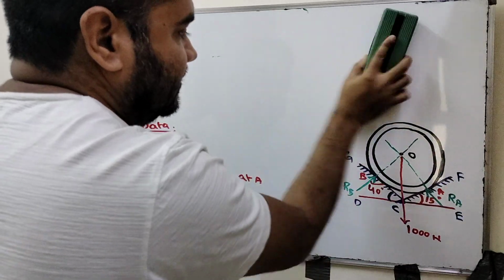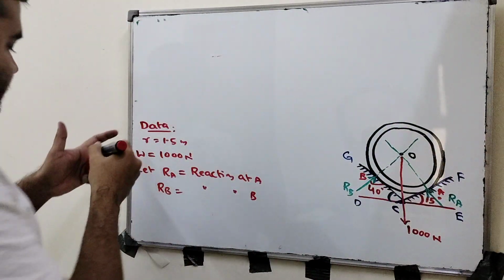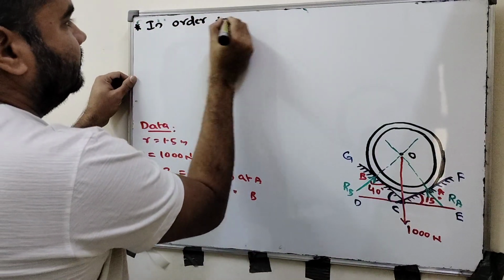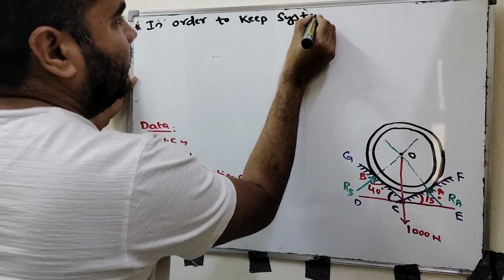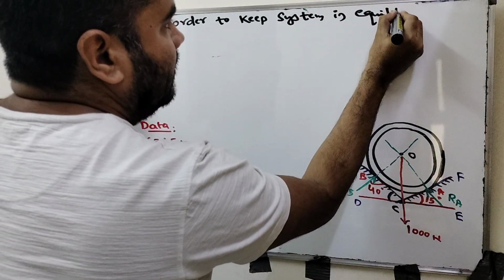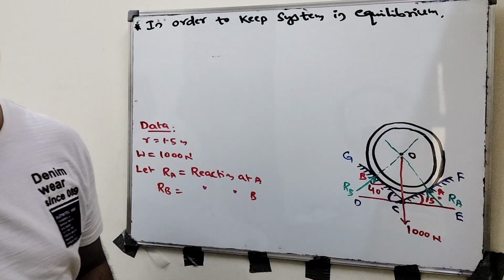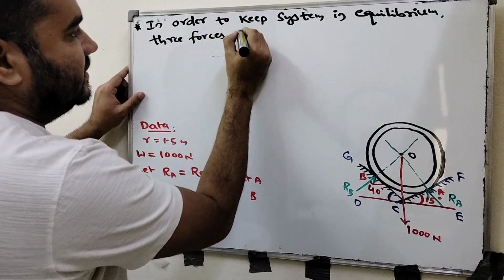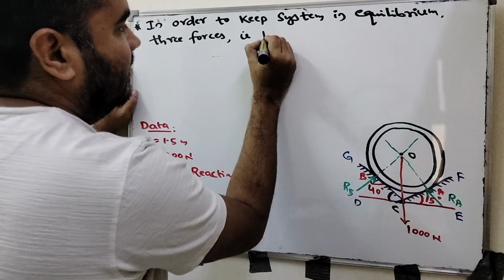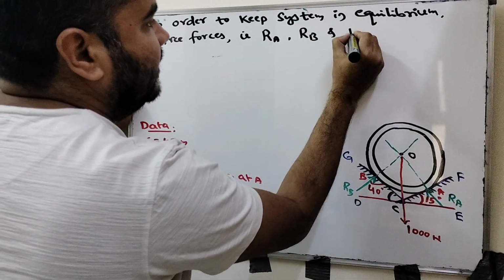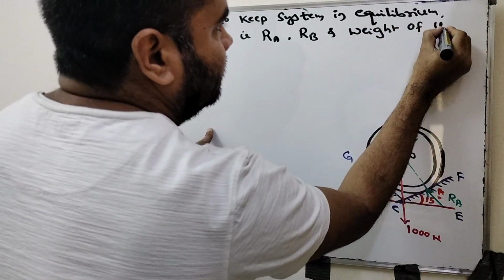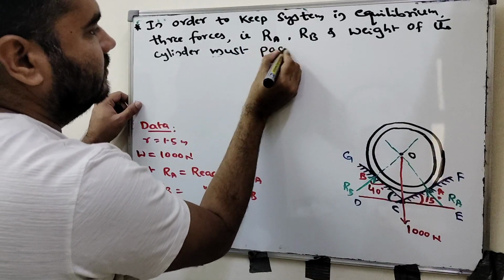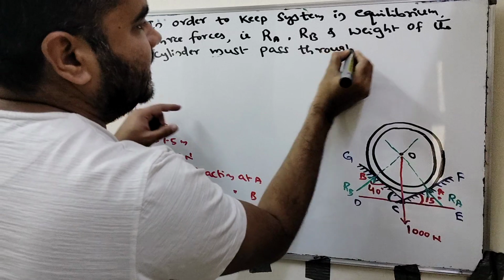Just write here: in order to keep the system in equilibrium, the three forces, that is RA, RB and the weight of the cylinder, must pass through the center of the cylinder.